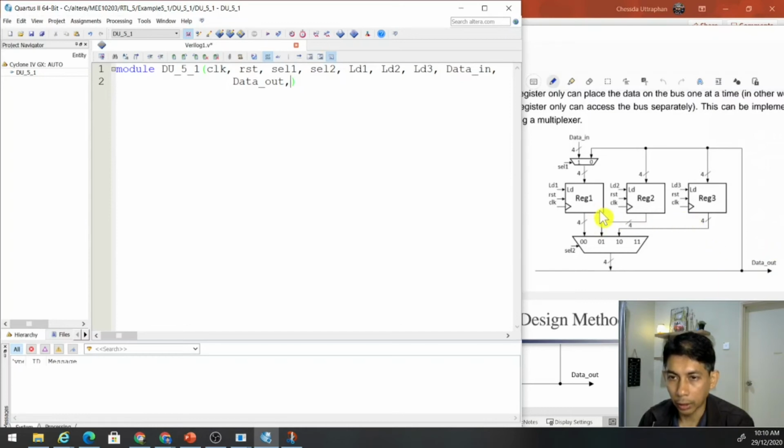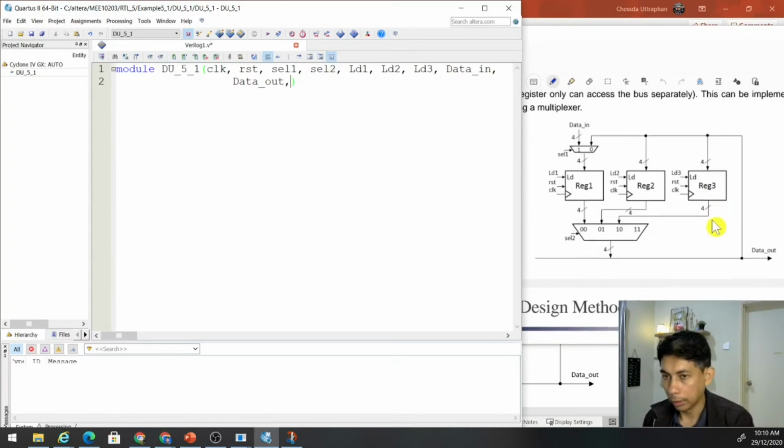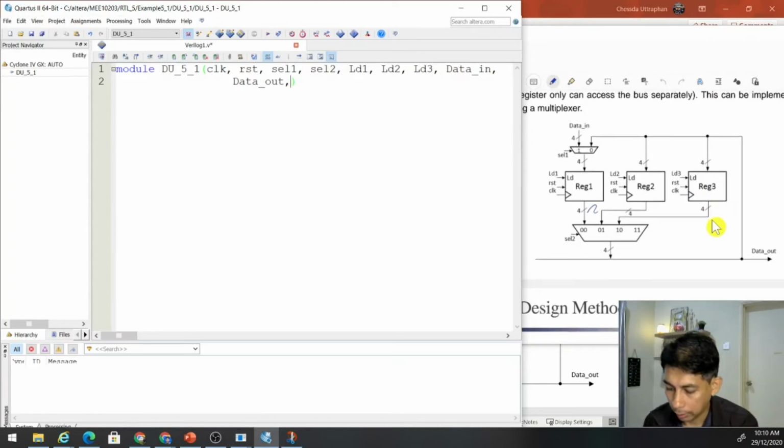But I want to include another one. This is for simulation, because later on we want to see what is inside rack 1, rack 2, rack 3. If we do not set this as input output, then we cannot see what is inside these registers. So what I want to do is to add this to the output, here, here, and here, just for simulation purposes.